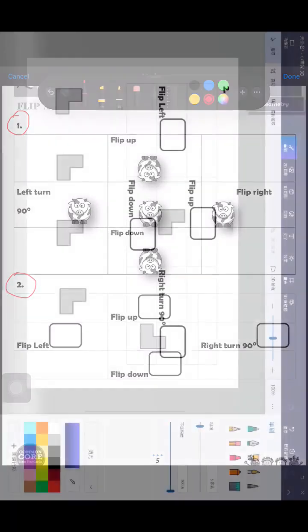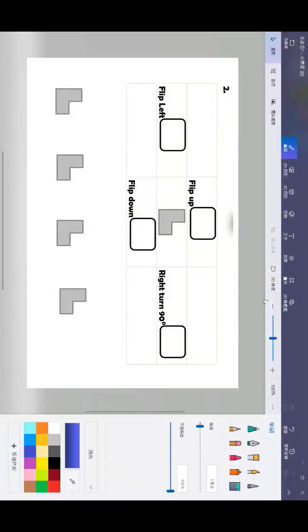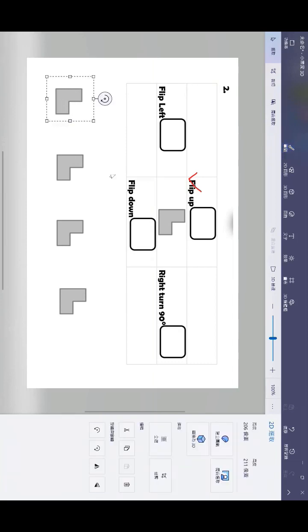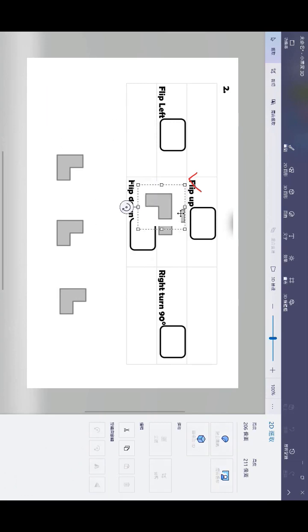Instead of cows, this time we're trying to perform different actions on this L-shaped block. Okay, so first of all we try to flip it up. Below there are 4 L-shaped blocks, so we choose the first one and we try to flip it up. Okay, now it becomes like this.